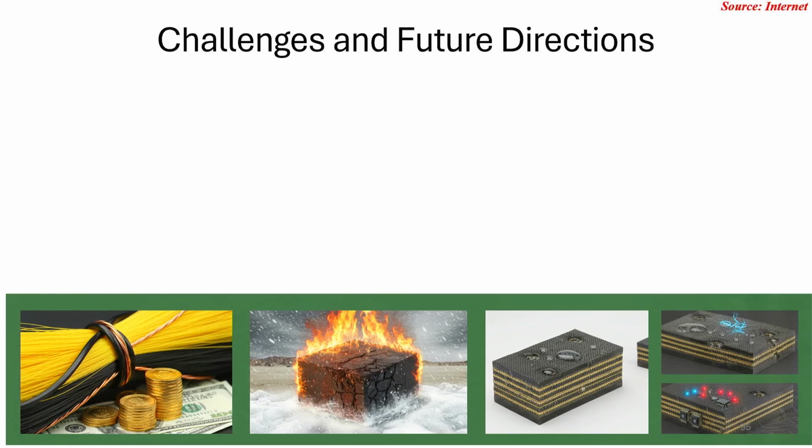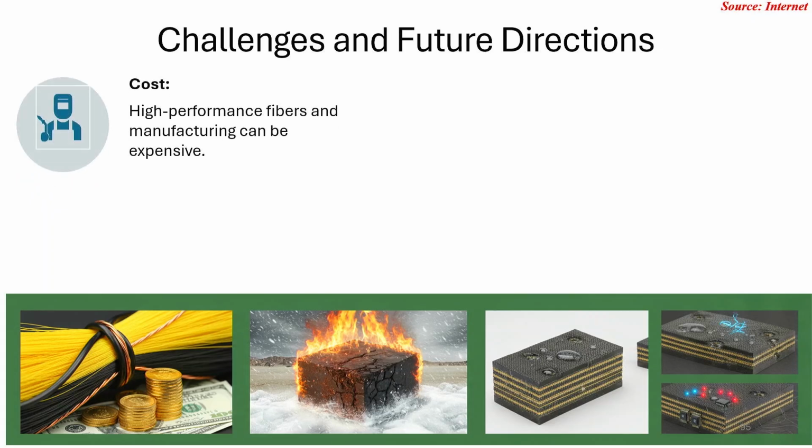Now, what are the challenges of textile based composites and the future directions? The problem with the textile based composite, the first is the cost. High performance fibers are expensive, and also the manufacturing process of composite is expensive.